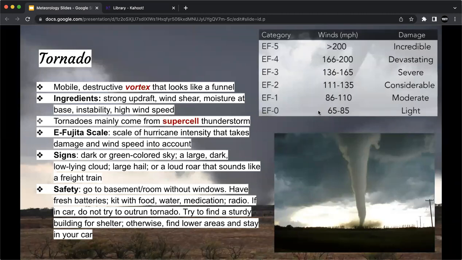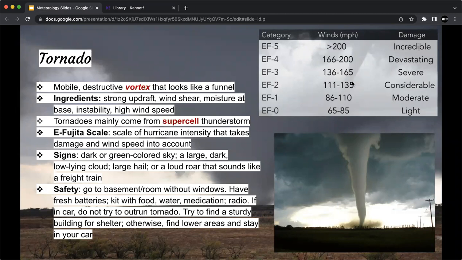thunderstorms. And to categorize these tornadoes, we have the scale called the Enhanced Fujita scale. This scale takes into account the damage and the wind speed. On the top right, that's the scale basically.